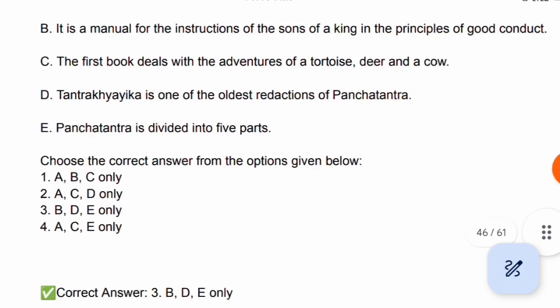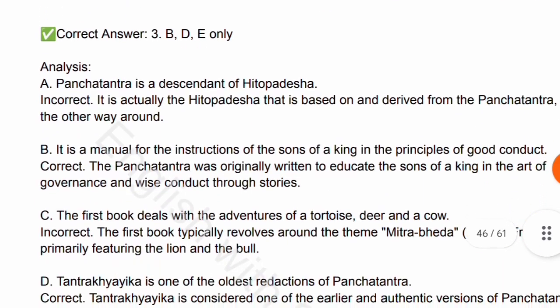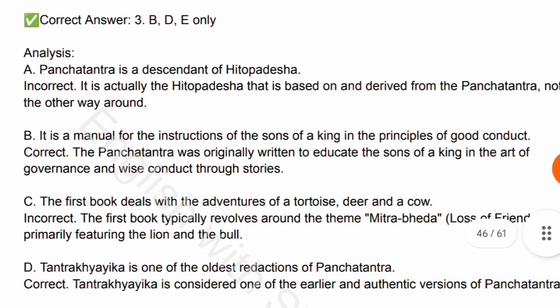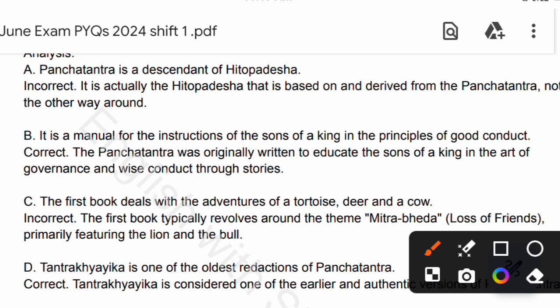Next question. You want to see the explanation. Panchtantra is a descendant of Hitopdesh: incorrect. It is actually the Hitopdesha that is based on and derived from the Panchtantra, not the other way around. It is a manual for the instructions of the sons of a king in the principles of good conduct: correct.